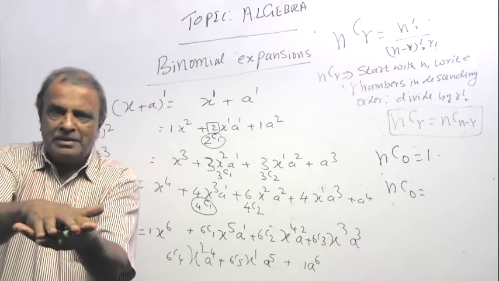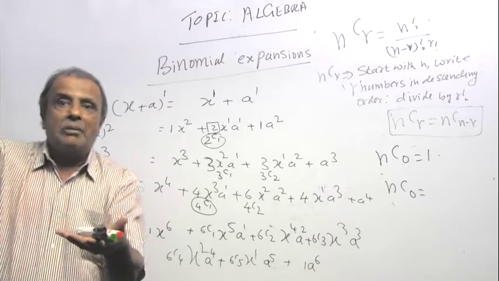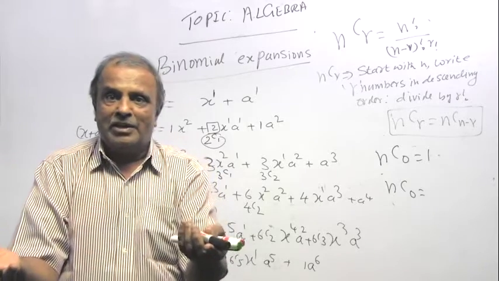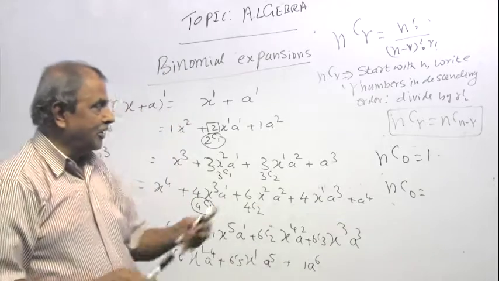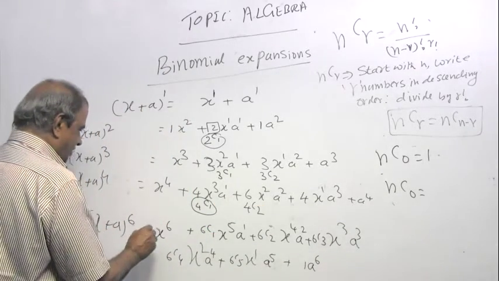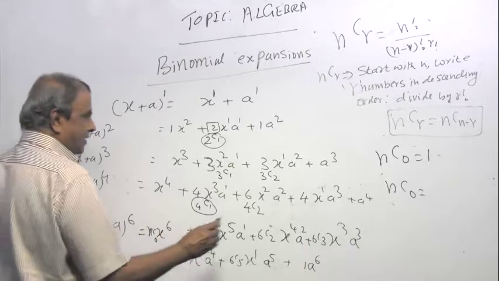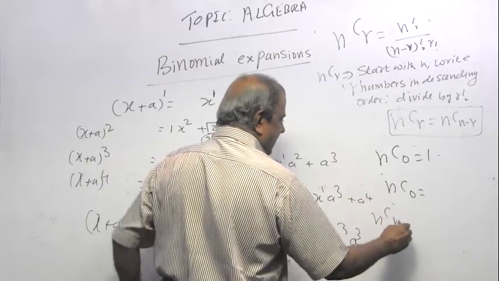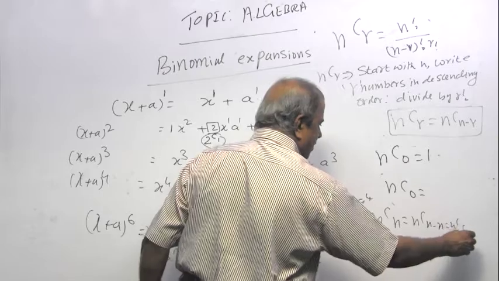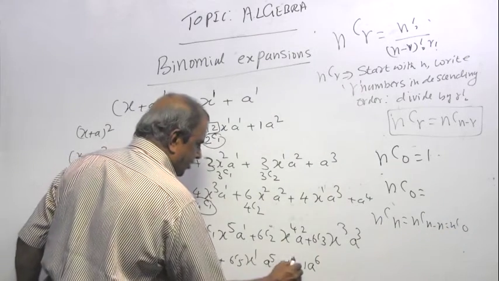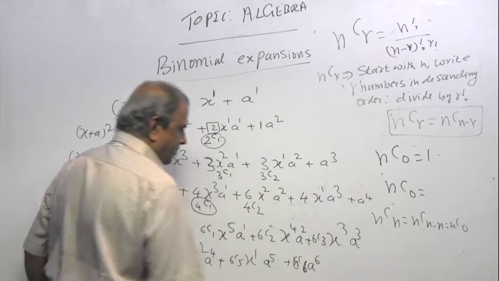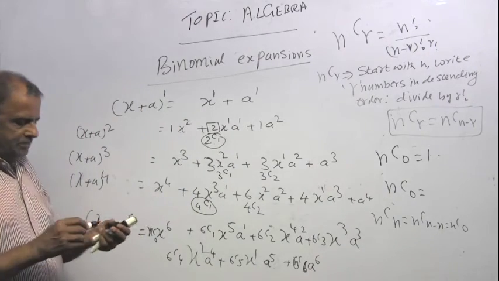I put my hand, I pick nothing. I've done it once. If I do it again, I'm repeating. So NC0 is 1. Alright? Look, NCn is NC(n minus n), which is NC0. So NCn is also 1. So that is 6C6. You've got your expansion.